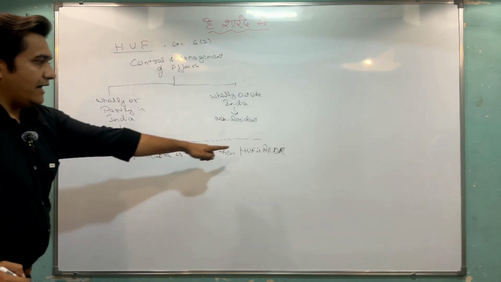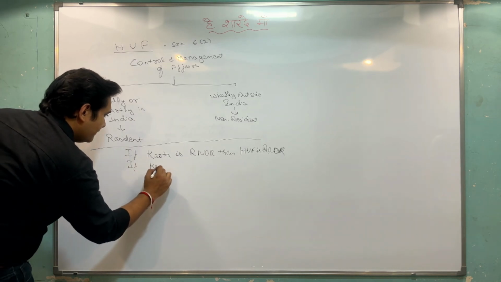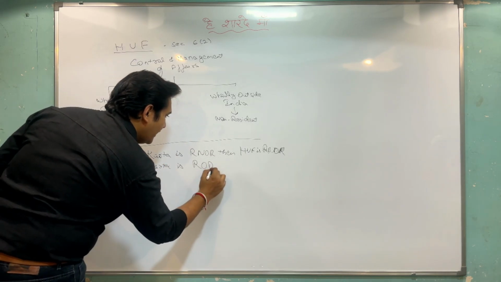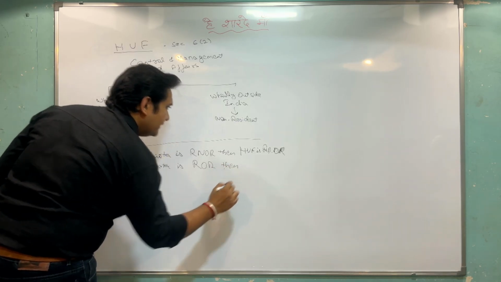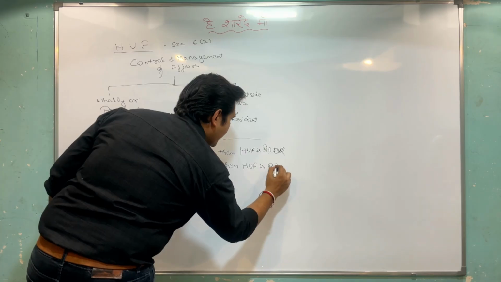If the Karta is ROR, then the HUF is ROR.